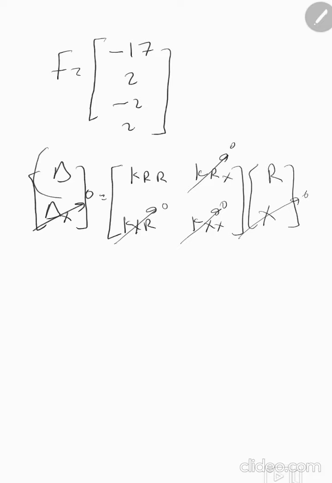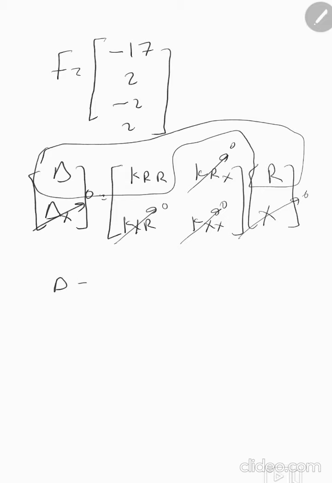So we have only this part. To make it simple, delta equals KRR times R.